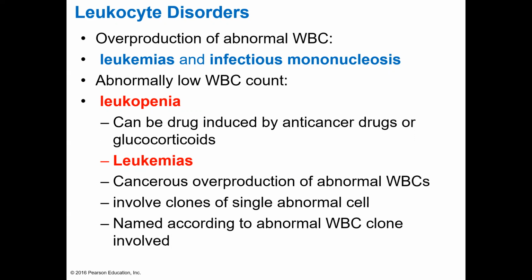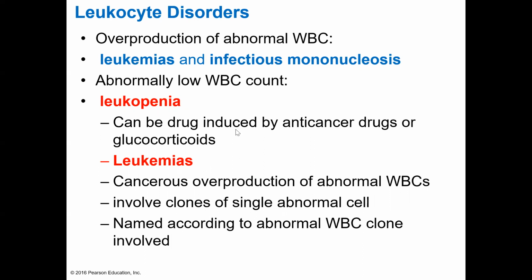Here we're talking about the leukocyte disorders, and I want to remind you, leukocytes are the white blood cells. What are the disorders? Overproduction of abnormal white blood cells is number one, and this is known as leukemias, or infectious mononucleosis. The white blood cells are either increased in amount, which is known as leukocytosis, or abnormally low in count, which is known as leukopenia.